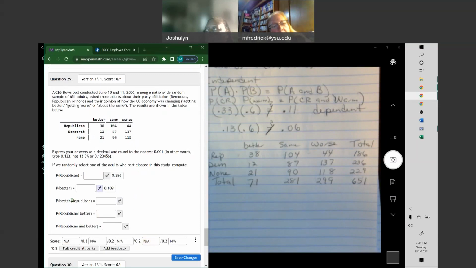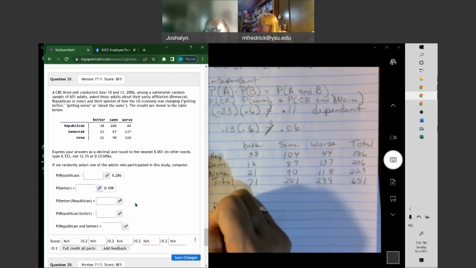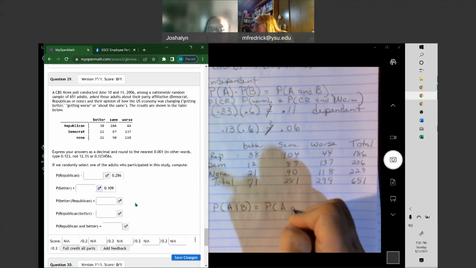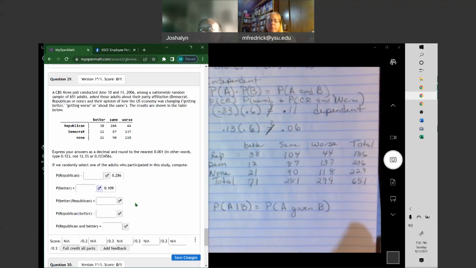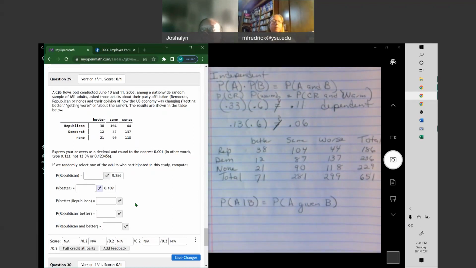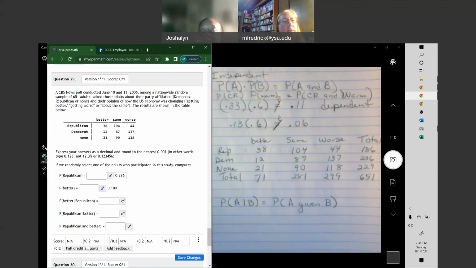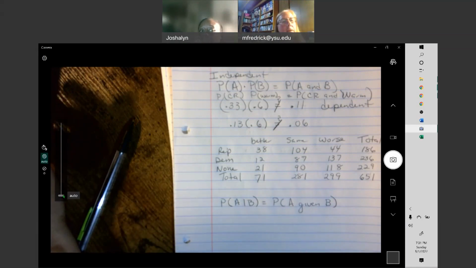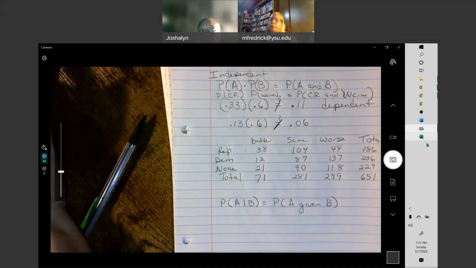Now this line here means given. So the probability it's better given it's Republican. Let me look at it one more time.